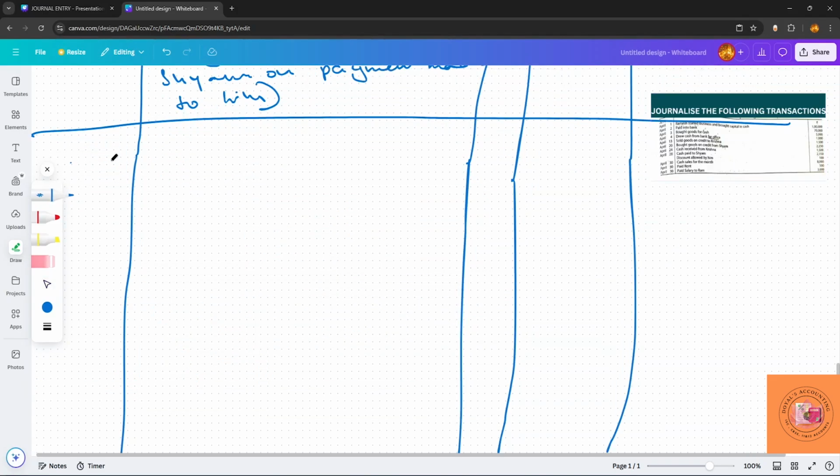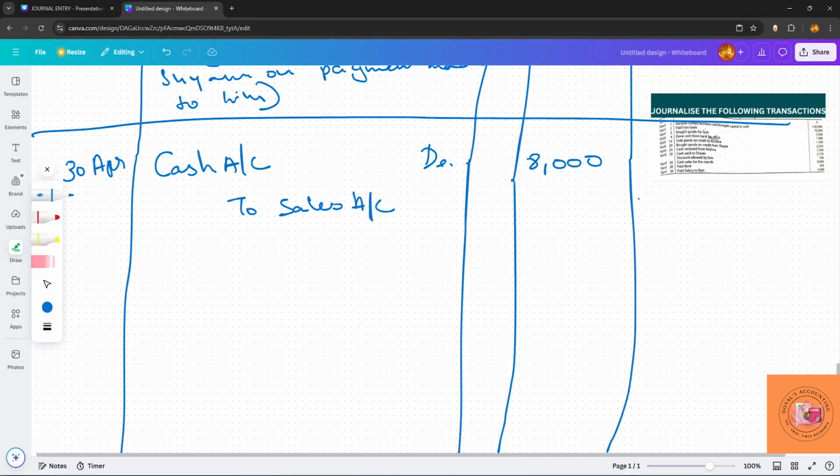Okay, so the next transaction is on 30th April and cash sales for the month rupees 8000. So, how do we record cash sales? Cash account debit because we are receiving cash worth rupees 8000 to sales account. Sales is a nominal account by nature.